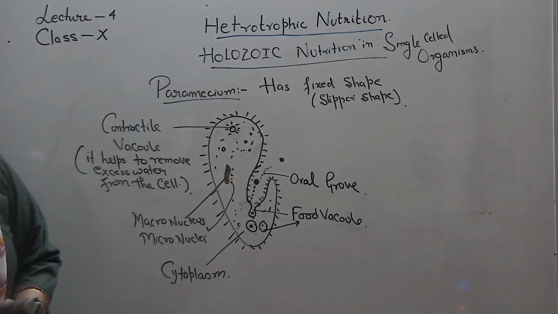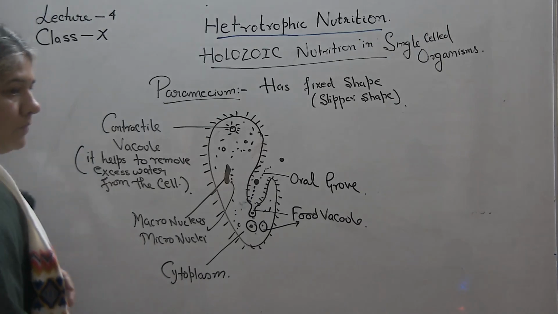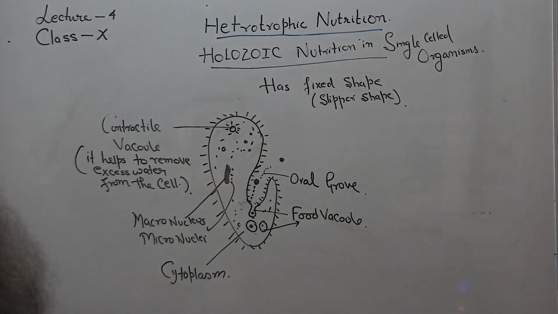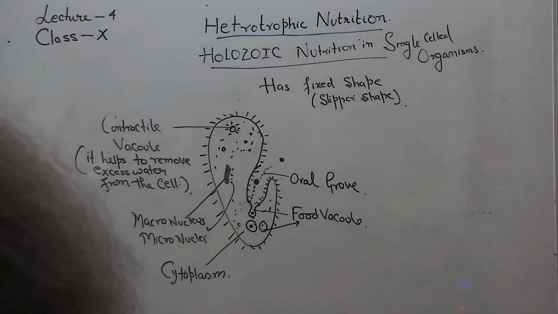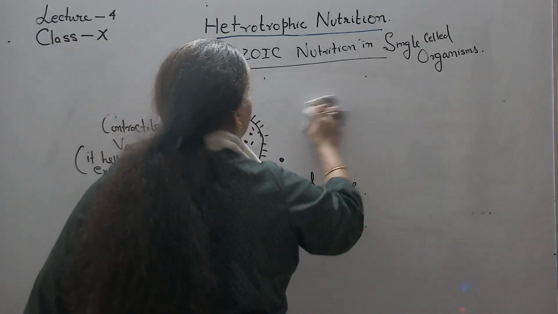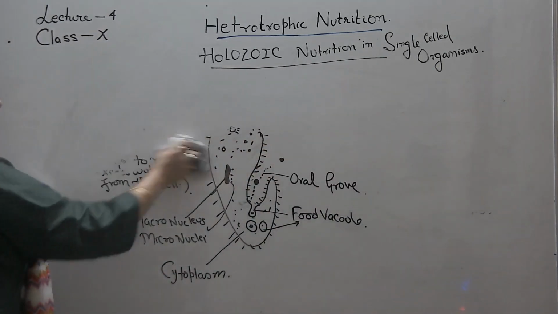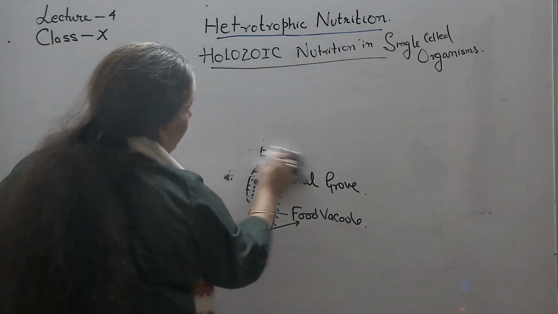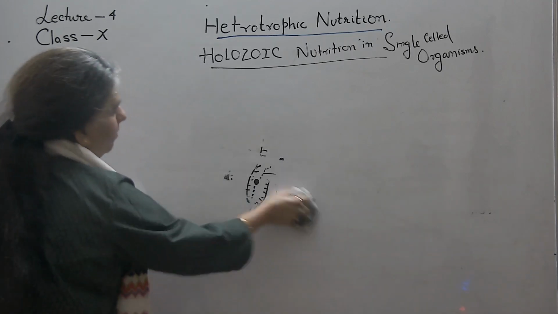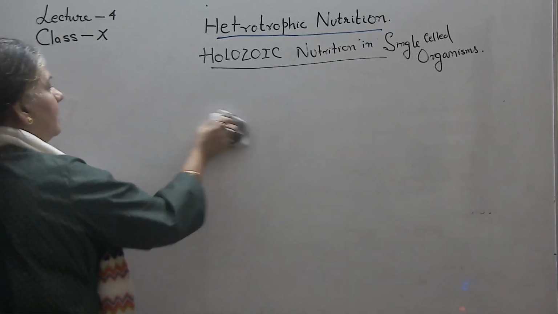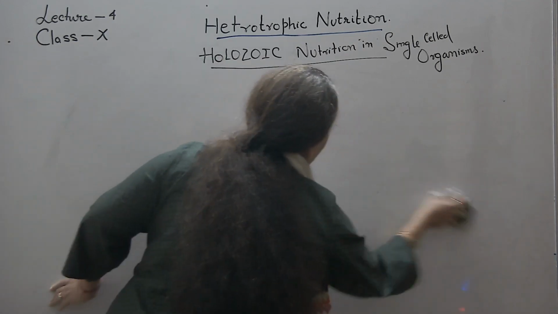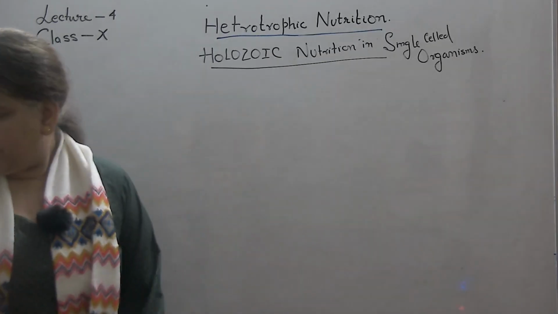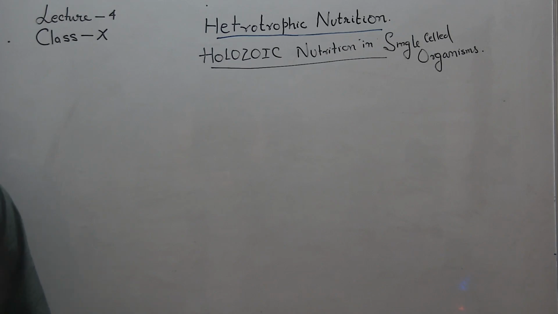Now the steps that take place during digestion, I'll write it down. In multicellular organisms, you have a proper digestive system to carry out the function, but in a single-celled organism, the single cell is performing this function of digestion.